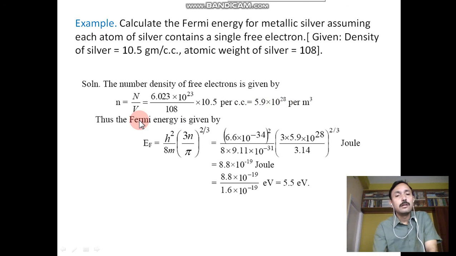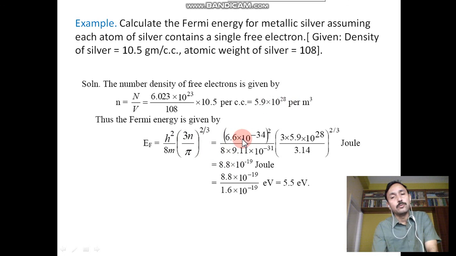Now we know the Fermi energy is given by EF is equal to h square by 8m, 3 by pi, capital N by V to the power 2 by 3. We are representing capital N by V as small n, and the value of small n is 5.9 × 10^28.